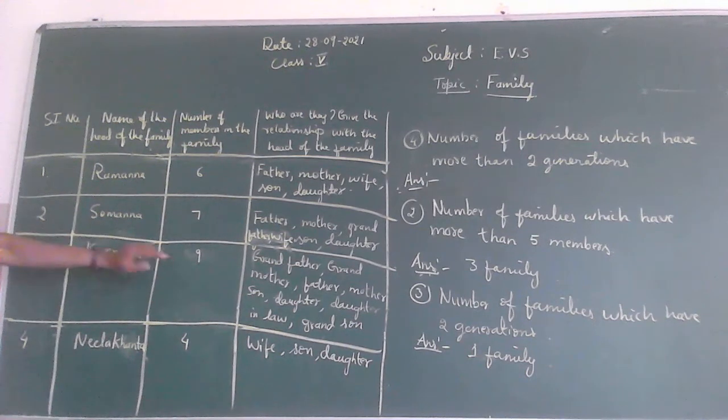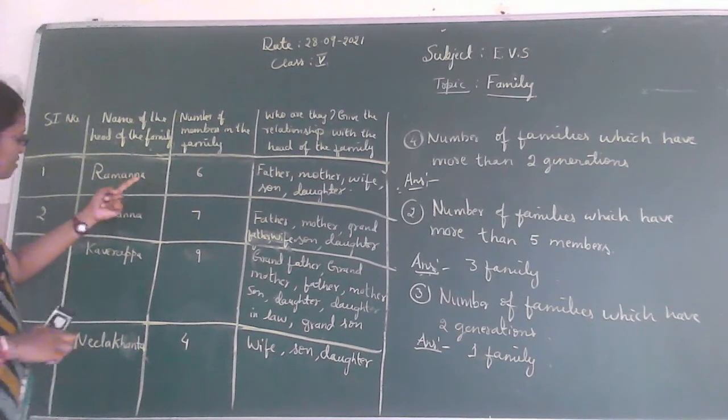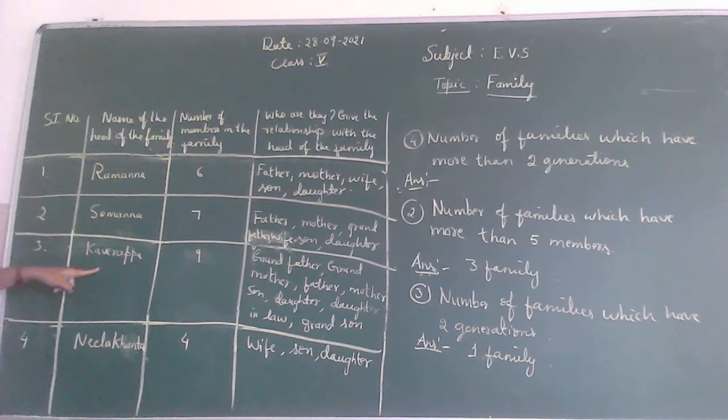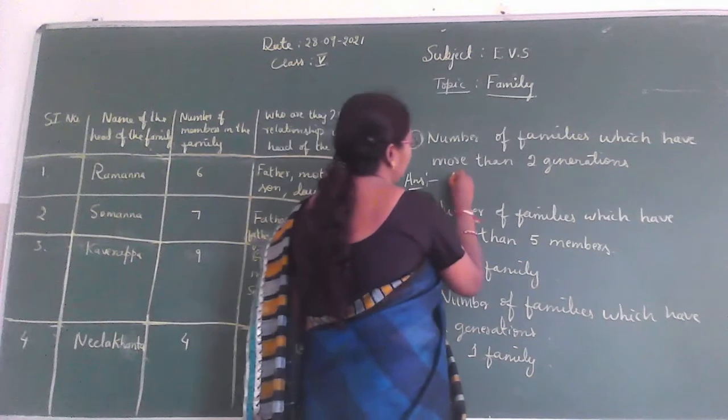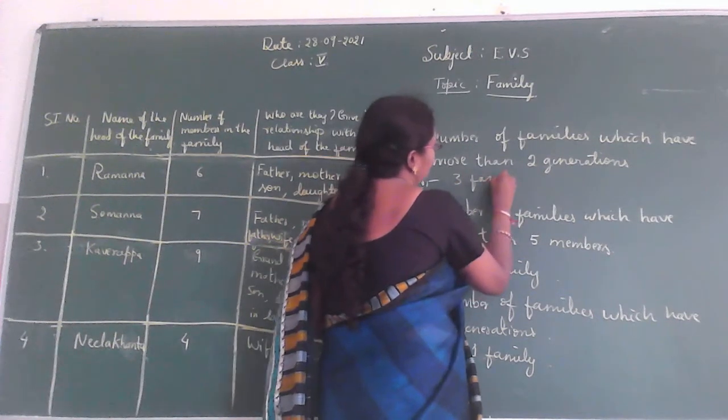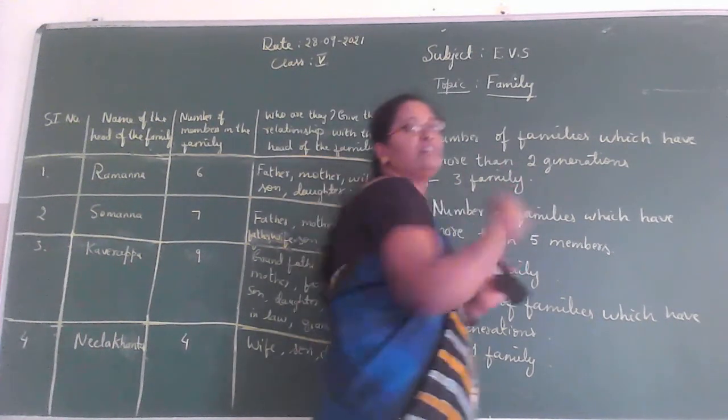It has more than 2 generations, is it? So count it, children, how many families in this table have more than 2 generations. That is Ramana, Somana and then Kavyappa's family. That's totally 3 families have more than 2 generations. 3 families. Is it, children?